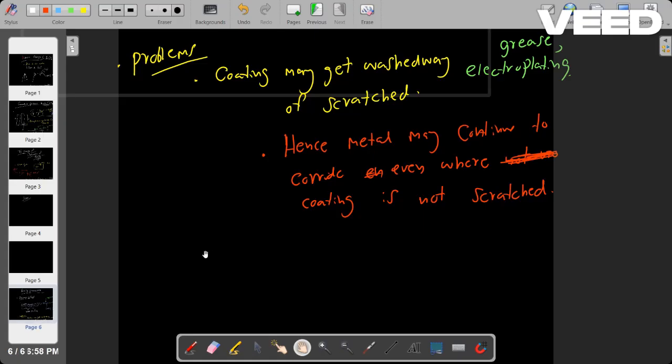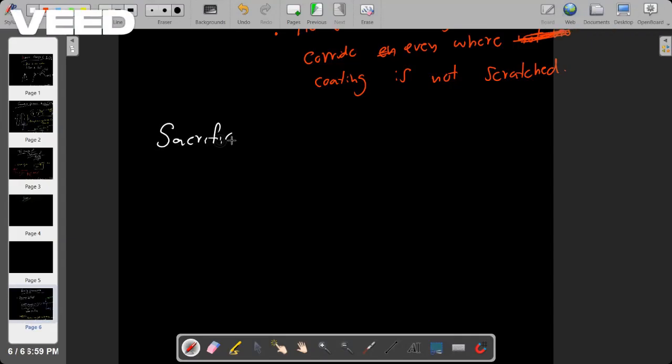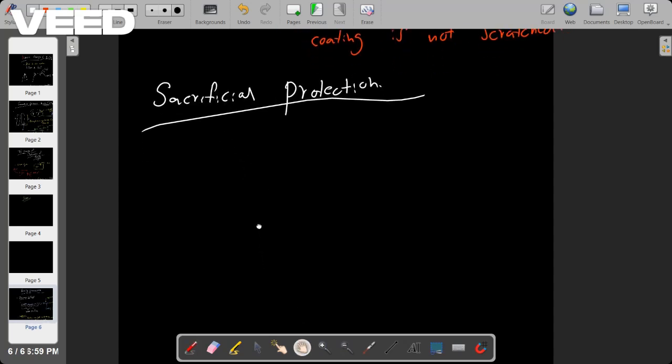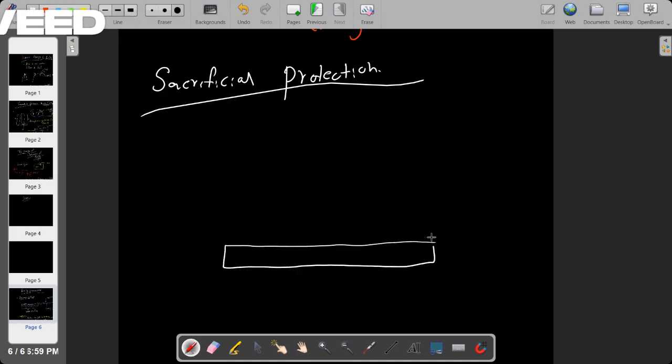Another one is called sacrificial protection. Now, in sacrificial protection, what they do is, for example, if this is the metal you want to protect, right?